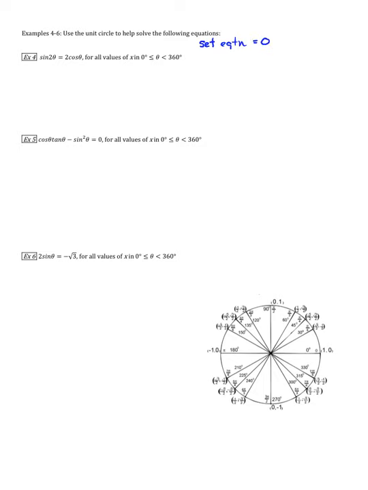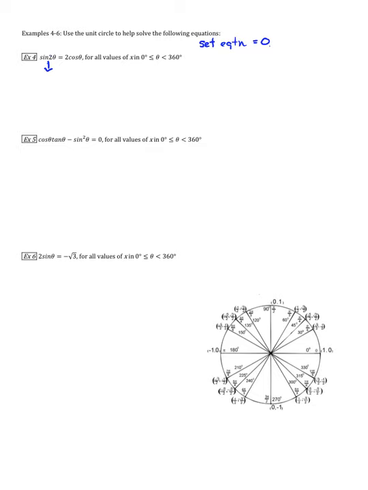And especially if you have more than one factor, then you can set each factor equal to 0. So we have sine 2 theta equals 2 cosine theta. Well, you know, it's like, I have no idea. So what we do, you'll never be able to solve a trig problem if your arguments, your 2 theta and your theta, don't have the same type of argument.